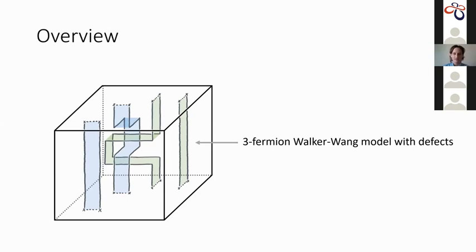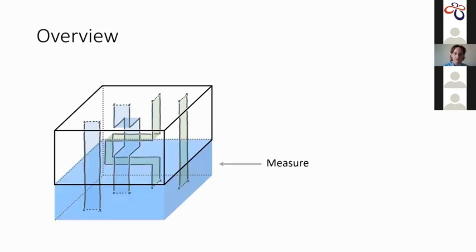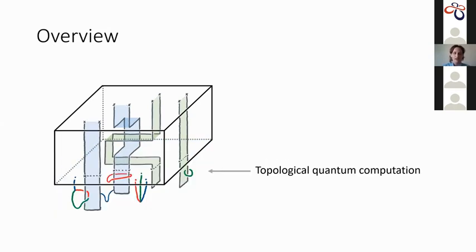We're going to take this stabilizer model in 3 dimensions, put in some kind of defects into it, and then by measuring, as you usually do, just on-site measurements, you'll find some history state that represents some kind of topological quantum computation, and it basically achieves the gates that you want to do, which you put into the state to begin with via these defects, encoded on some sort of surface code.